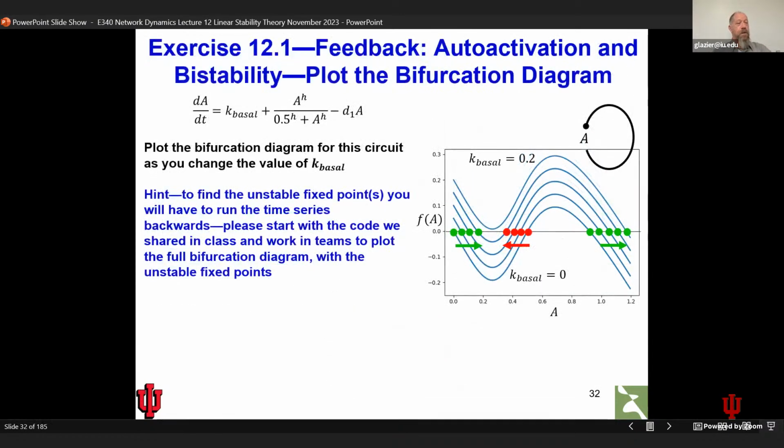Okay, so I would like people now to do a little bit of an exercise, and I hope people have that. I think it was lecture 7 a long time ago, that notebook that we had. And if people don't have it, Hayden, oh, he says he's stepped away for a second. People maybe can share that together. I gave you a notebook where we solved this problem, and you plotted the time series to find the fixed points.